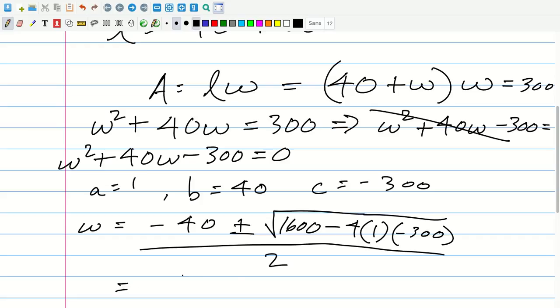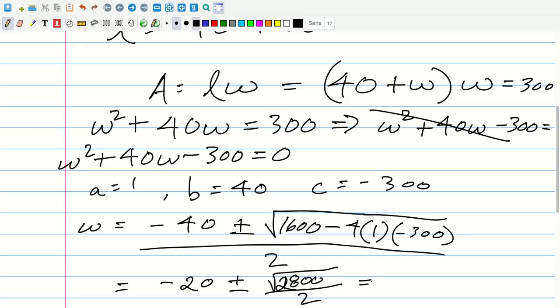There's probably a set of numbers that could do it, but man, I am lazy, right? So 1600, I get plus 1200, that is 2800, is that right? So I need the square root of 2800 all over 2, okay?